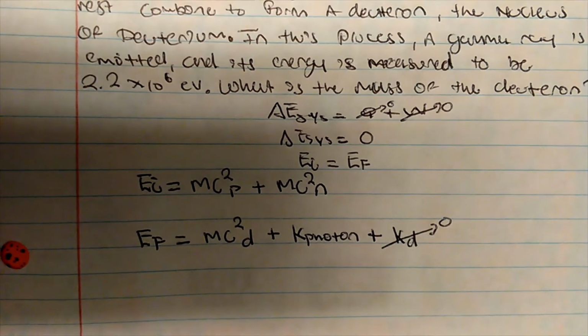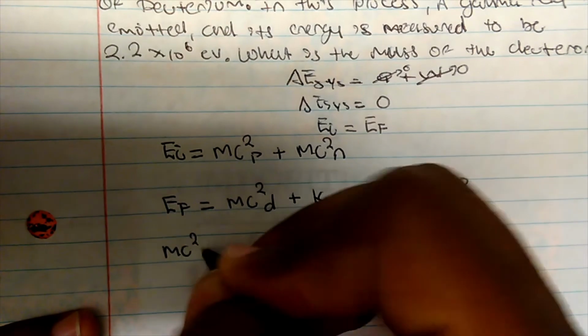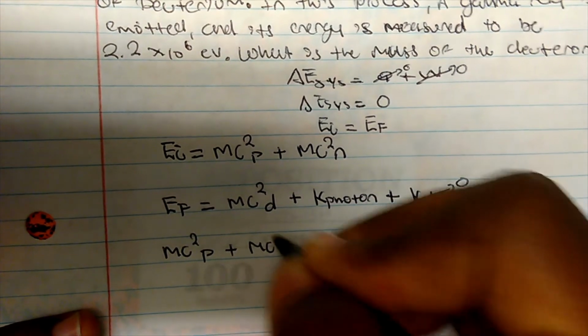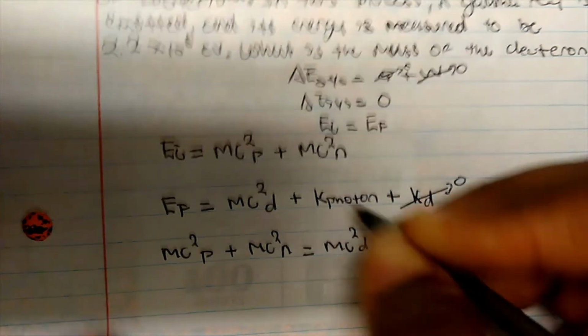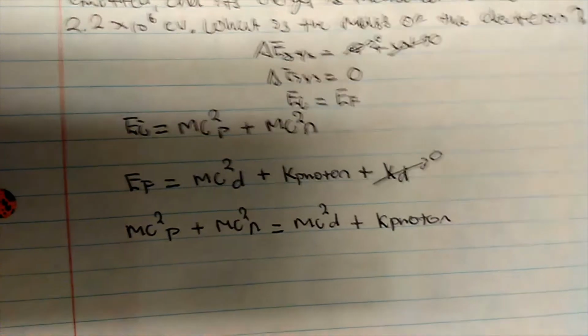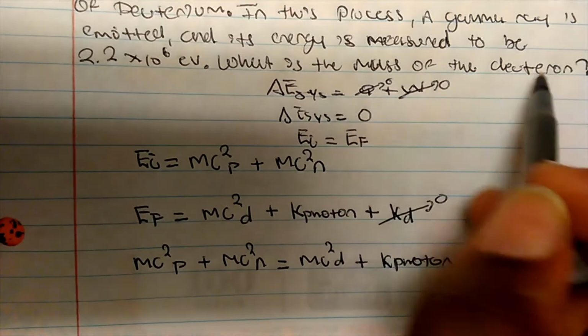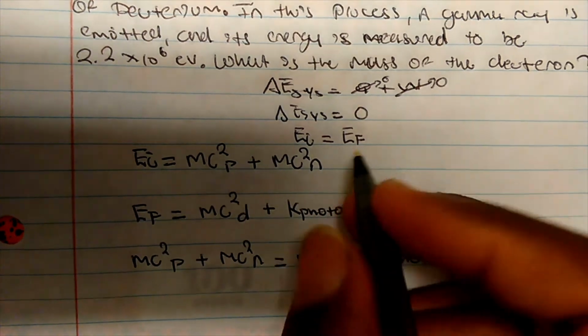And so we could set these equal to each other. I have mc squared of the proton plus mc squared of the neutron equal to mc squared of the deuteron plus the kinetic energy of the photon. Now, what were we solving for? We're solving for the mass of the deuteron, for this m. So let's put an underline beneath it.